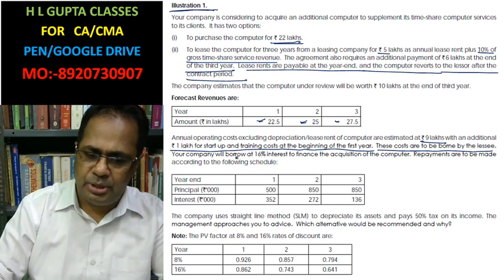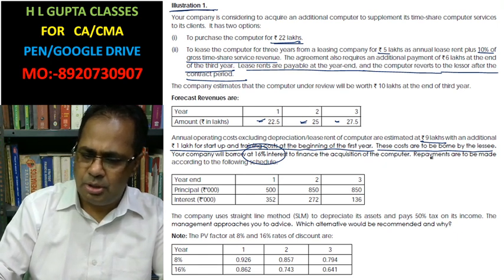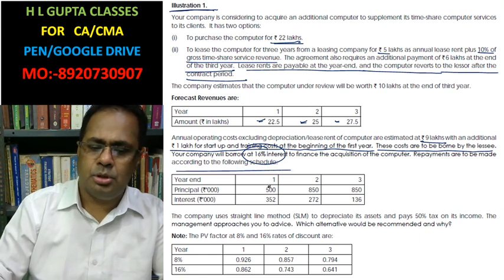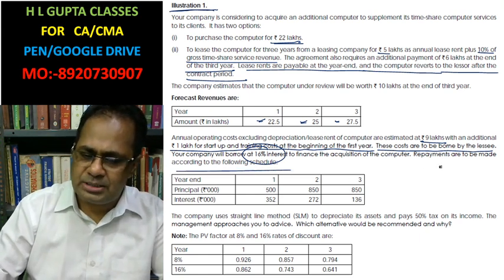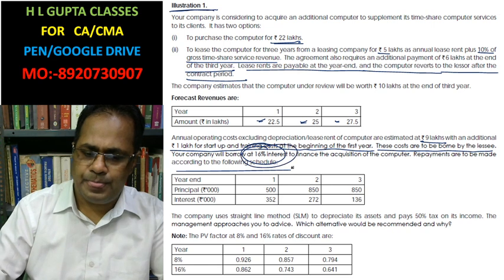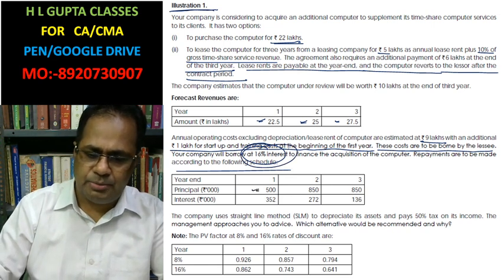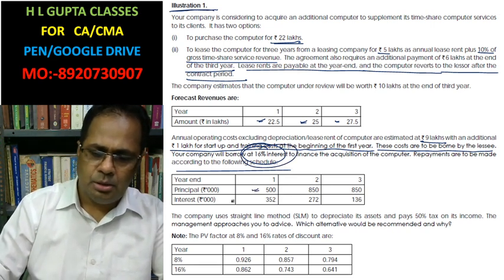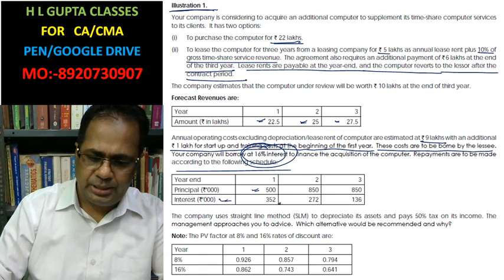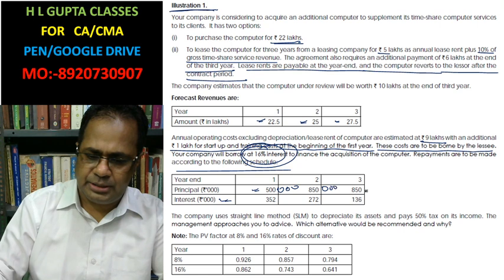Your company will borrow at 16% interest to finance the acquisition of the computer. Repayments are to be made according to the following schedule. You are borrowing a loan at the rate of 16%, and the principal repayment and interest you are going to pay are given in this schedule.